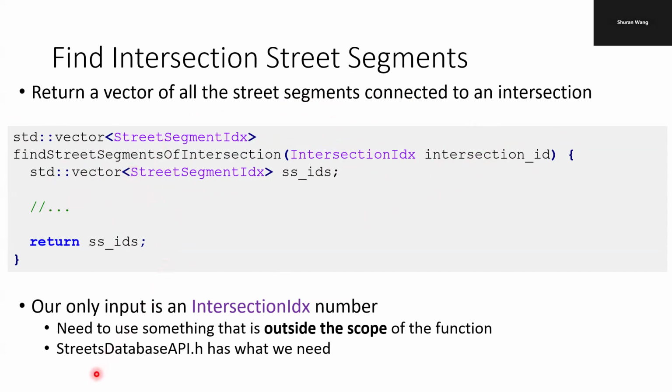So we need to use something that's outside the scope of the function. And that's why we need to call the streets database API.h. M1.h and streets database API.h, and potentially the OSM database API.h are important files that you should be reading from top to bottom, including the comments in the code.